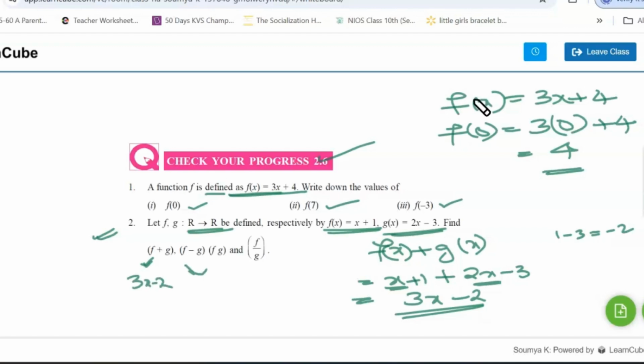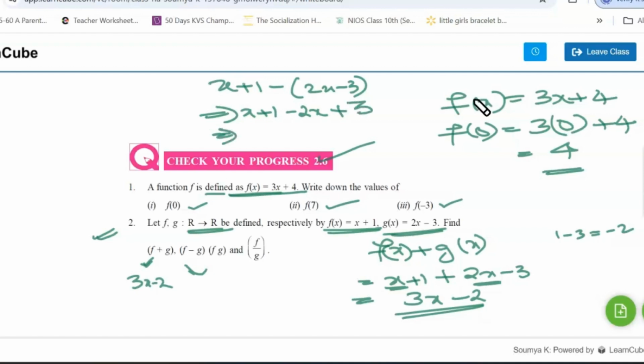Next one is f minus g. f minus g means x plus 1 minus 2x minus 3, which is equal to x plus 1 minus, and here you see it is a negative sign, so whatever signs are used inside will get changed to the other sign. So if it is plus here, it becomes negative: minus 2x, minus minus, plus 3.